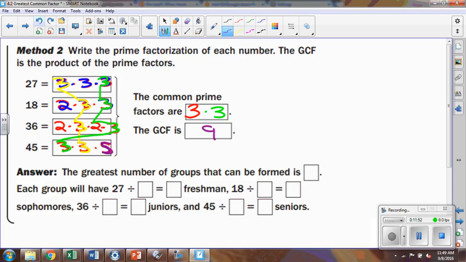This tells us then that the largest number of groups that can be formed that will all be the same type is 9. 9 different groups.